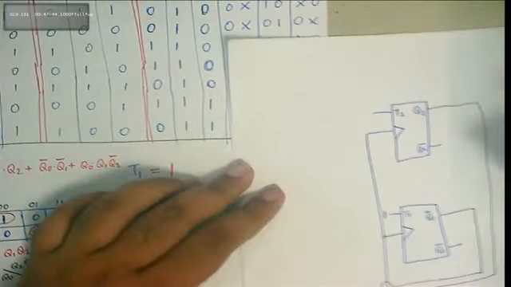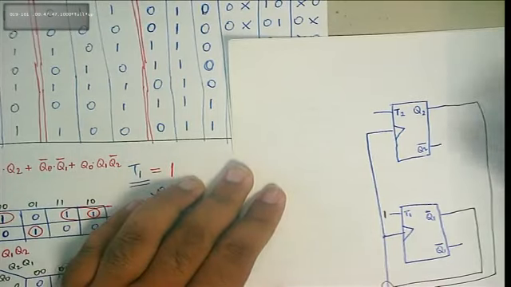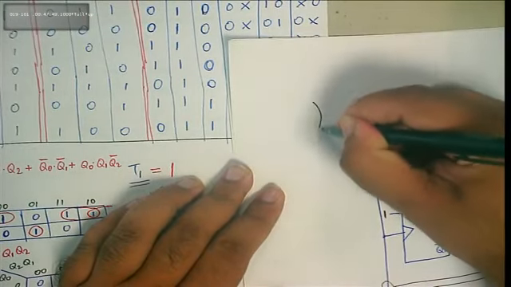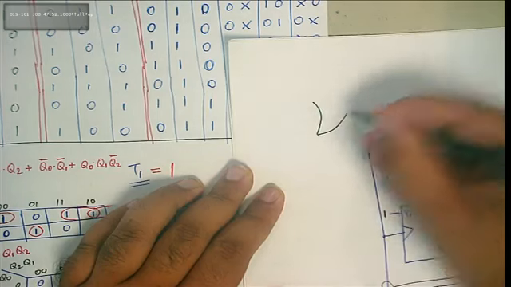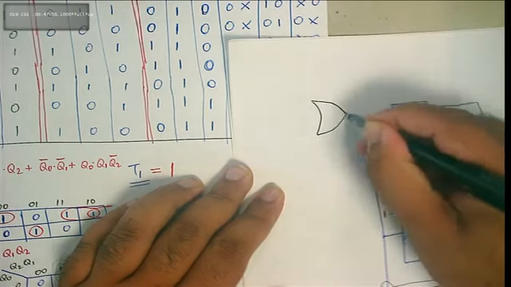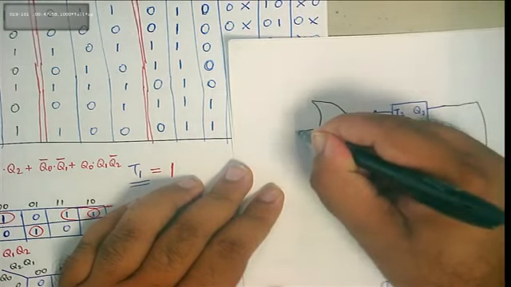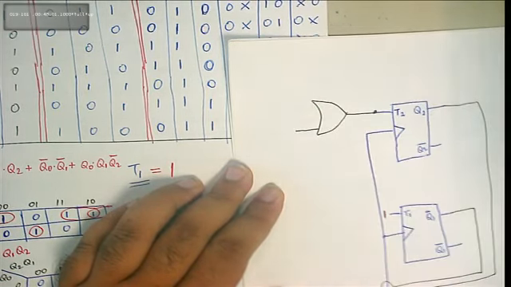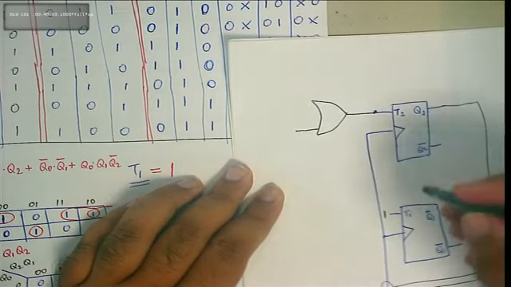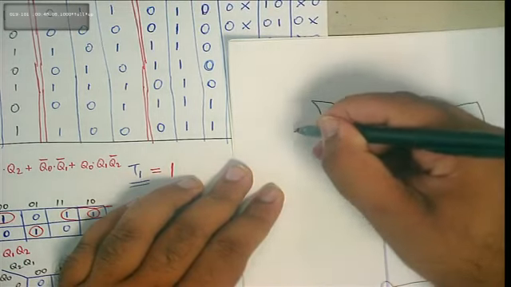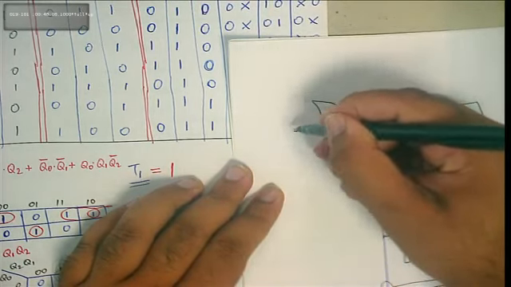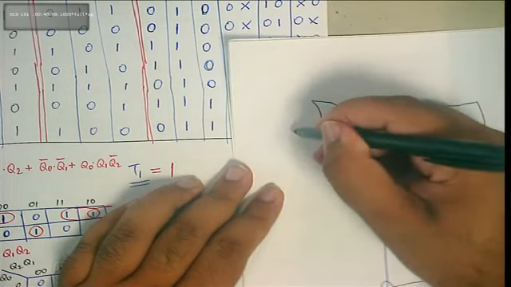T2. Firstly, that's an OR gate. Plugged into the OR gate, you have 3 AND gates.